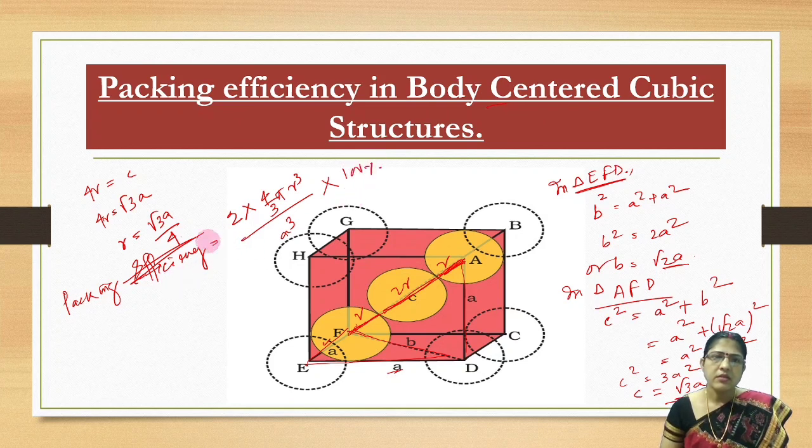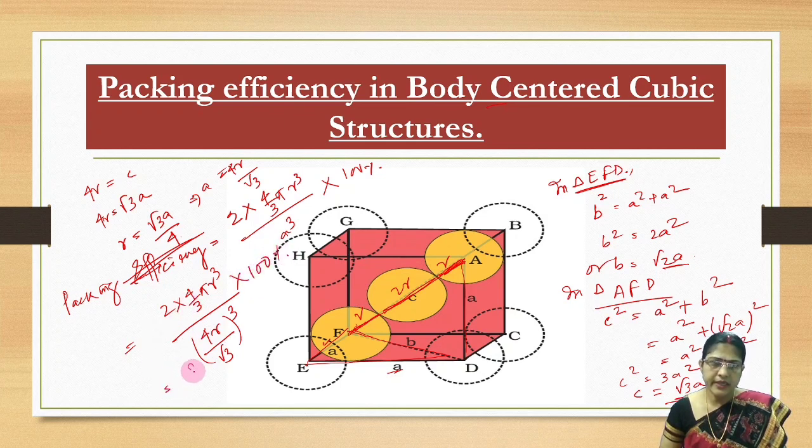So here A will be how much? A will be 4R by root 3. Now you put this here: 2 into 4 by 3 pi R cube divided by, instead of A, how much will we write? 4 by root 3 R whole cube into 100%.